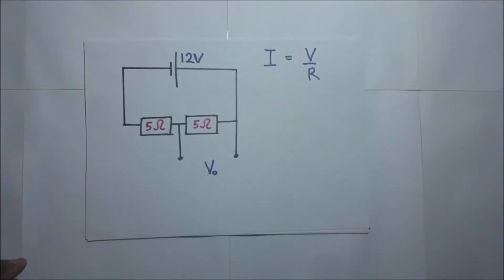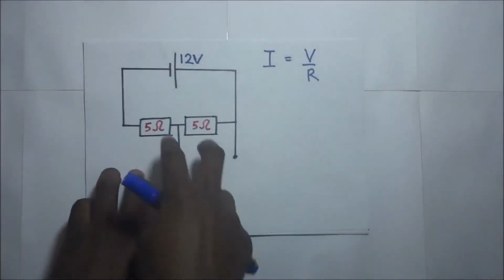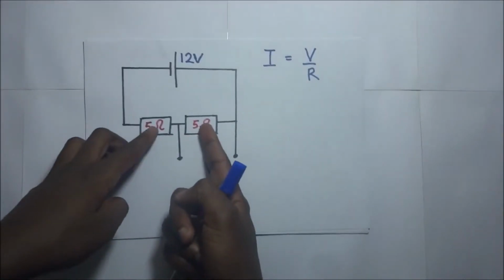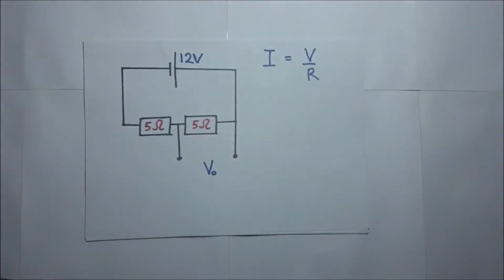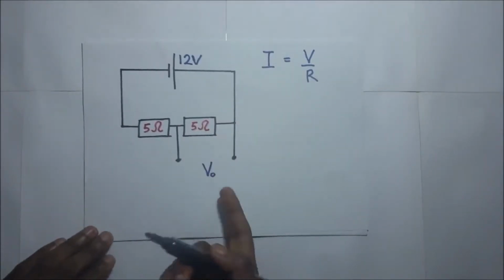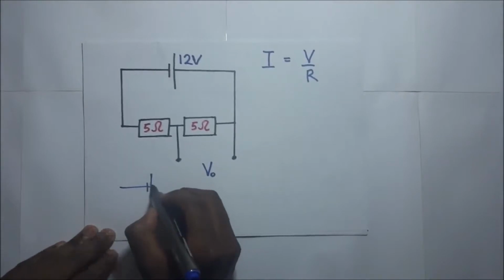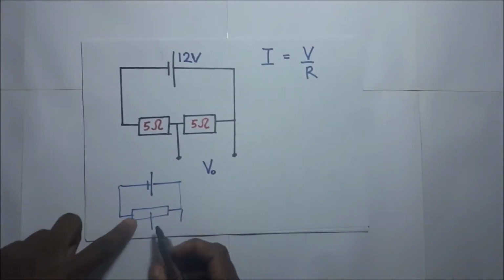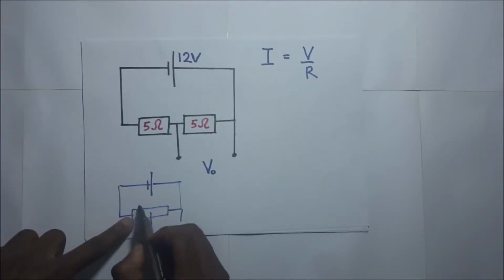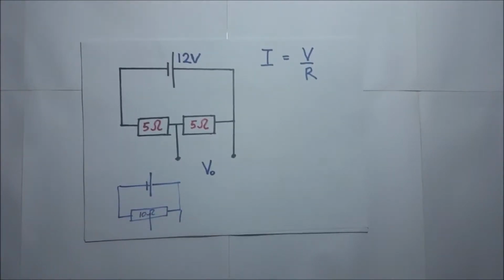Looking at how we deal with this output voltage when the resistors are fixed, this kind of arrangement is just the same as before, only that here we are dealing with fixed resistances. If you look at this diagram, it's like drawing it like this, in such a way that we have one conductor, and the whole of it has a total resistance of 10 ohms.